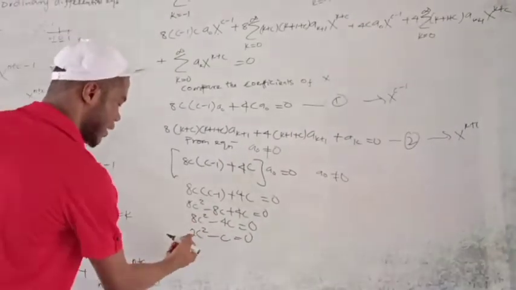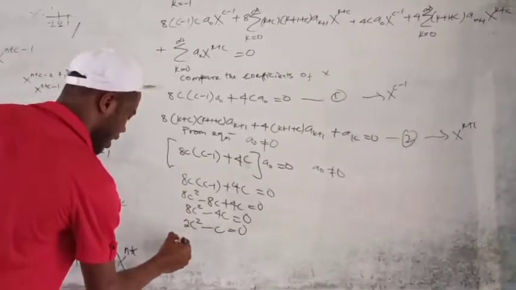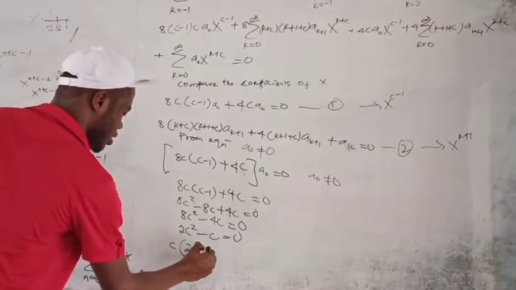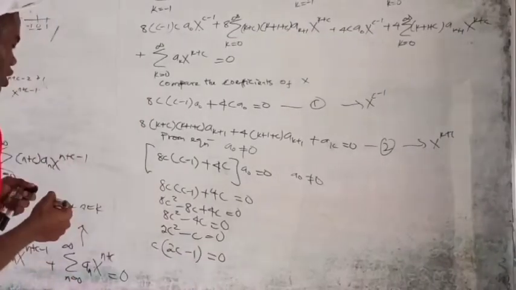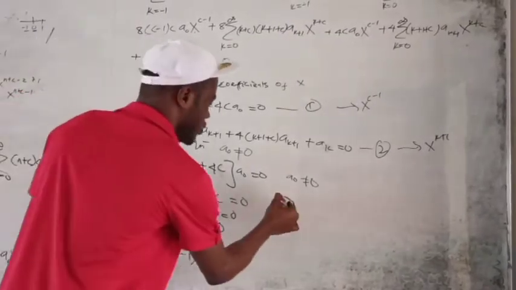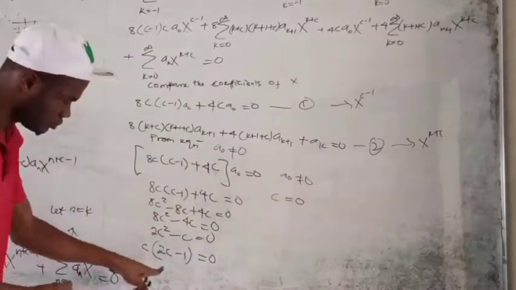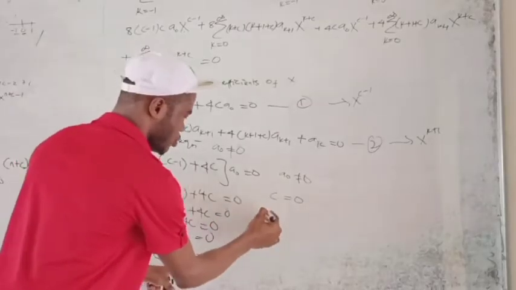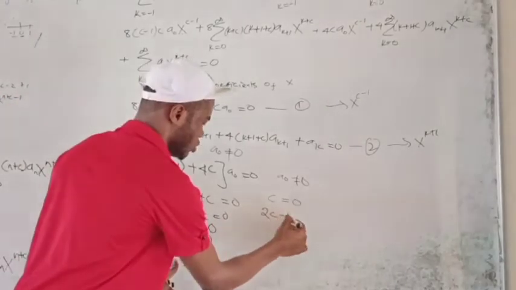So of course, I can factor out c. If I factor out c from here, I have c(2c - 1) = 0. From here, I know that my first c is equal to 0, and my second c is when 2c - 1 = 0.